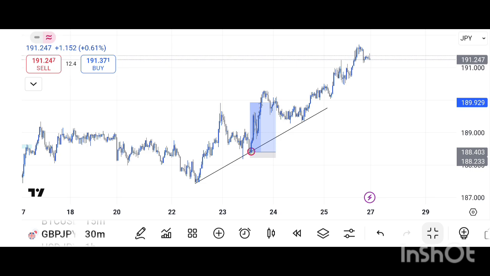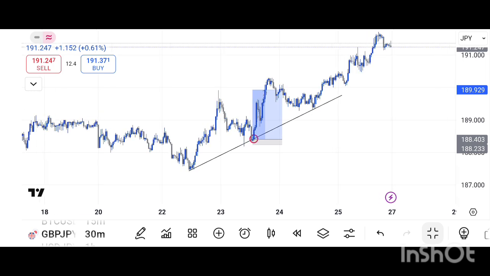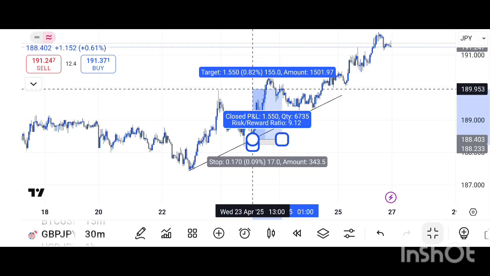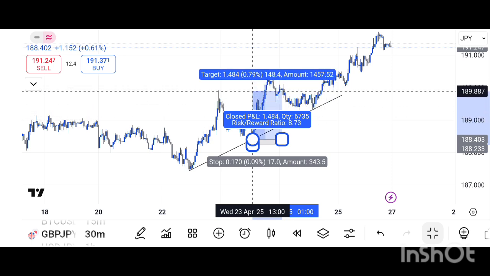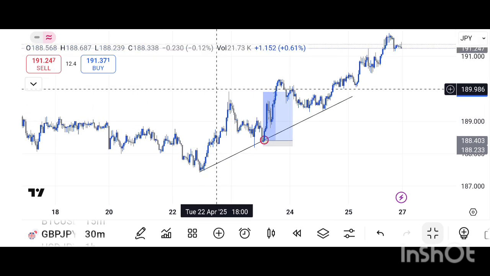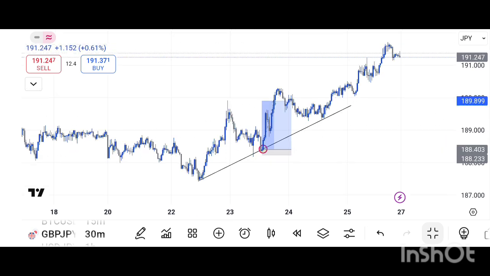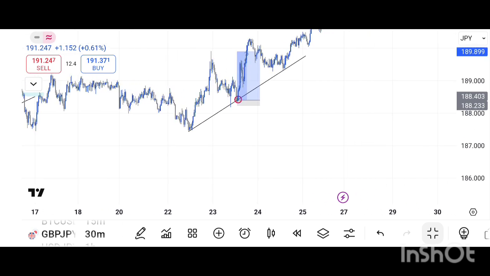All you need are these 2 confluences, following the trend and the third touch, and you can see how well this trade was a 1 to 9 trade. You target the high, this high right here, and you can see price played out beautifully going to the upside.